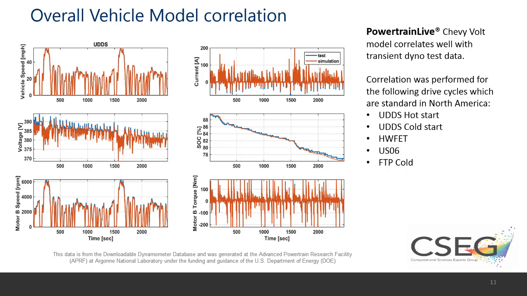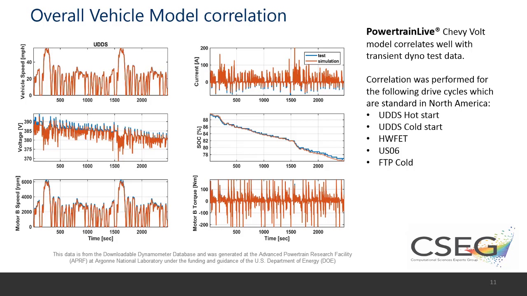So with the battery model and the details for the motor efficiencies and all of the other submodules modeled, the overall vehicle model correlation actually was really good compared to the test data. This graph shows different parameters for the current, state of charge, voltage, motor speeds and torques with the simulation compared with the test data.